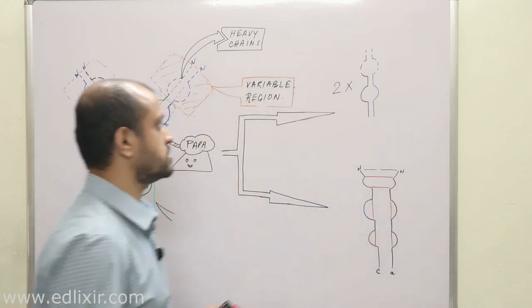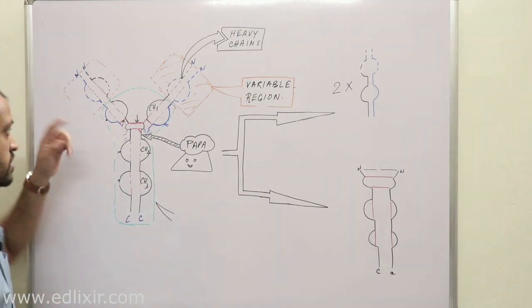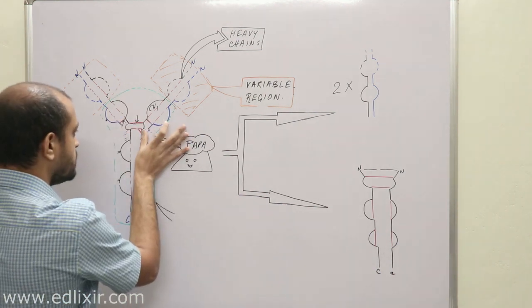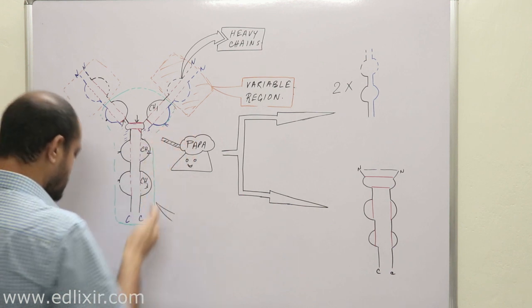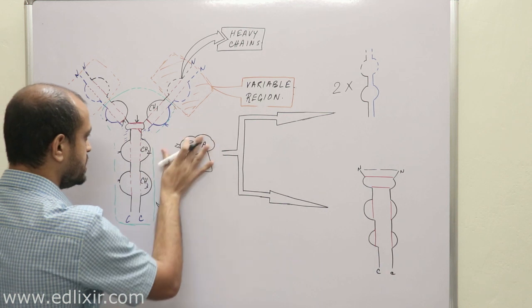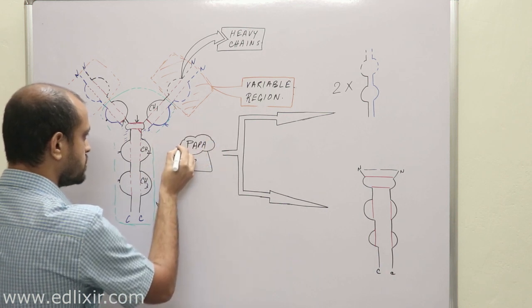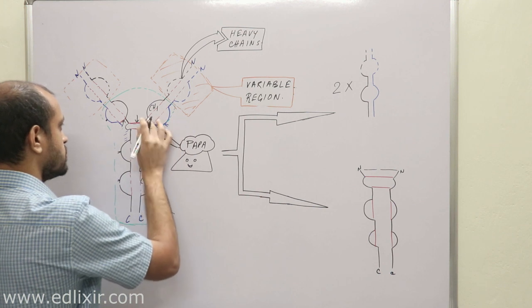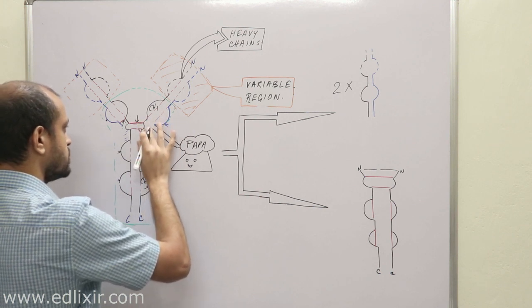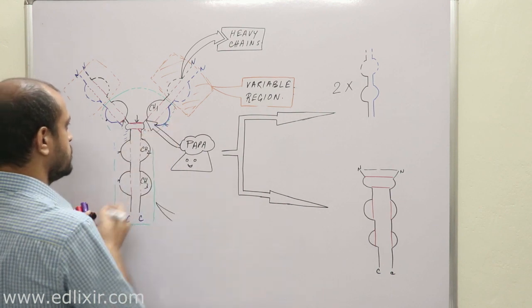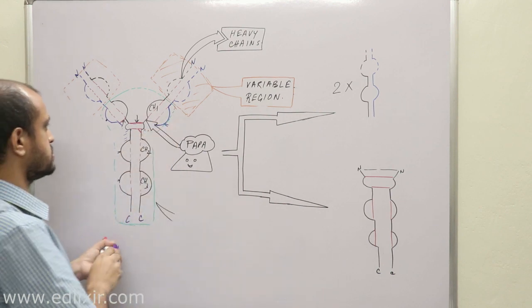Now listen with all your attention. When papain attacks an antibody, the site of attack is different. The site of attack for papain is this.